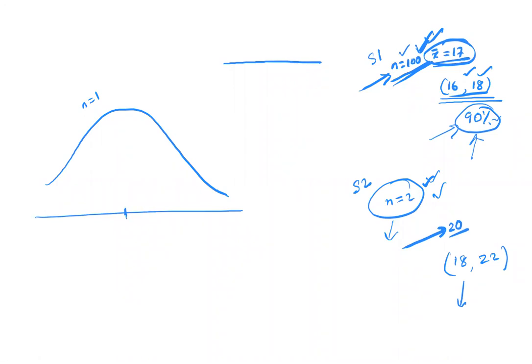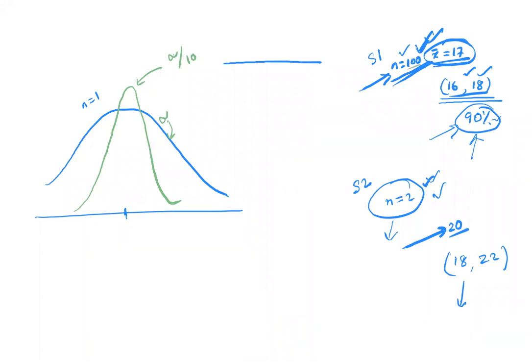No, it doesn't. What changes? Standard deviation. Now, for 100 people, the standard deviation is going to be 1/10 of the original. So if this is sigma for this blue one, for this one, sigma is going to be sigma over 10. Why 10? Because the square root of 100 is 10.